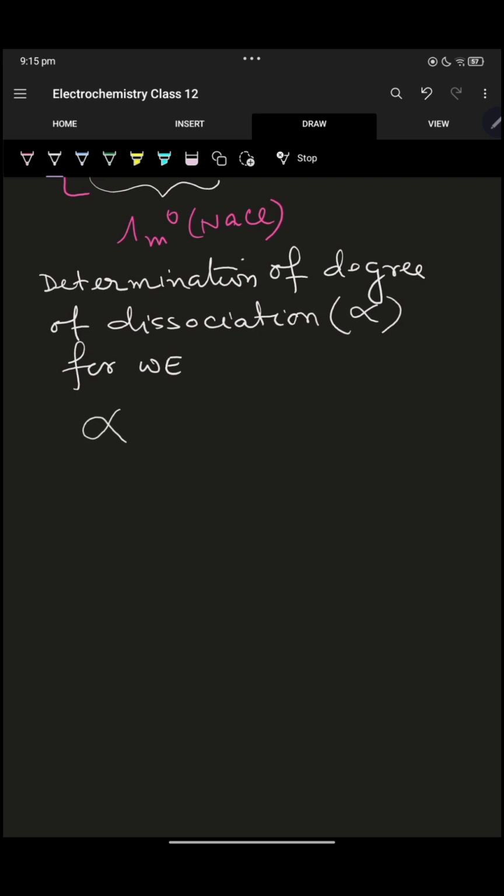And what is the formula? Alpha is equal to the molar conductivity at any concentration C divided by the molar conductivity at infinite dilution.